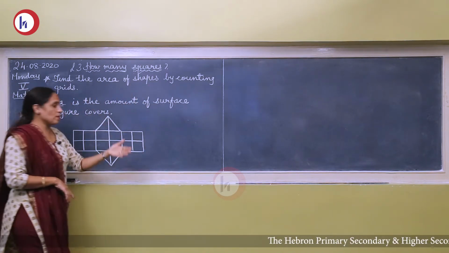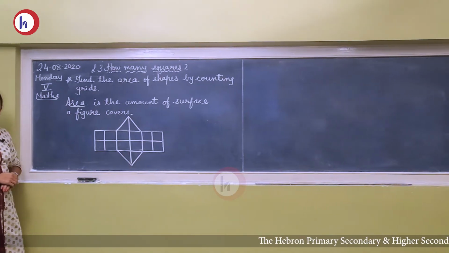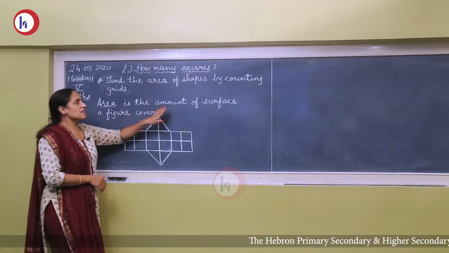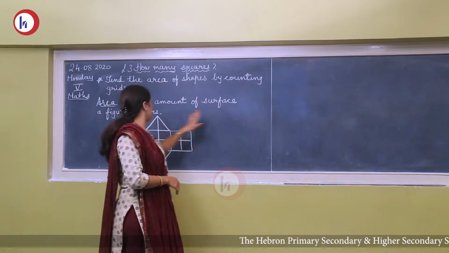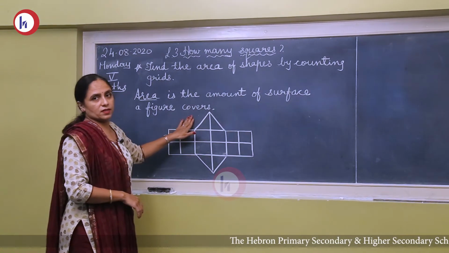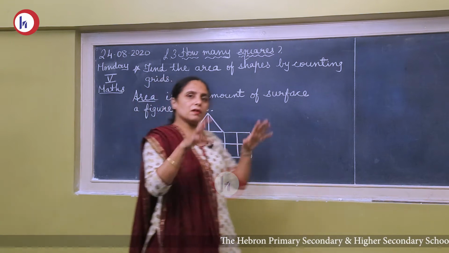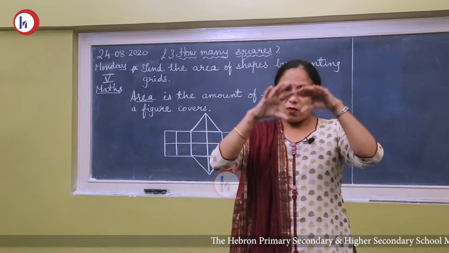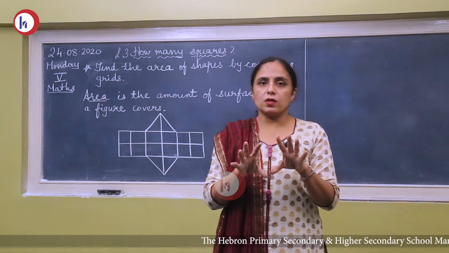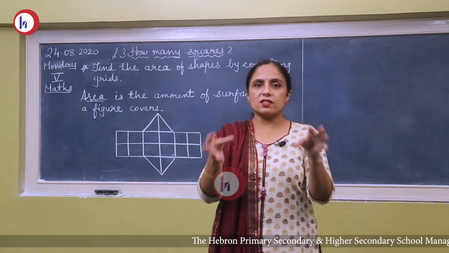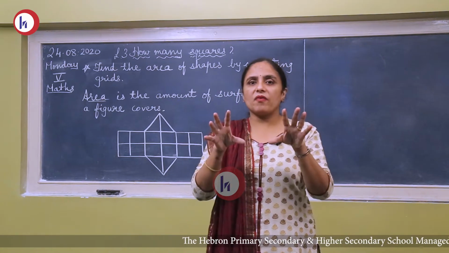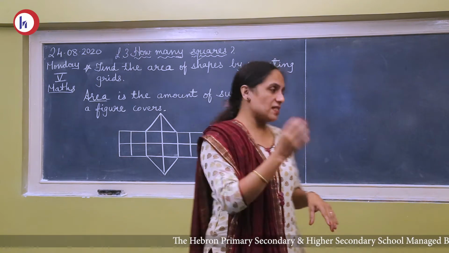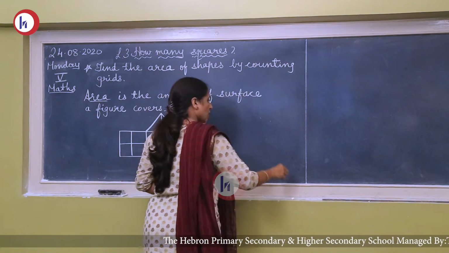Okay, that means estimate also. Now look at it. What is area? Area is the amount of surface a figure covers. Area means inner part. Area means whatever figure shown on the graph paper or otherwise in your textbook, in that figure, the particular space we can see in that figure, that is called area.